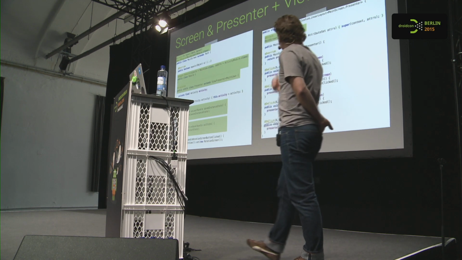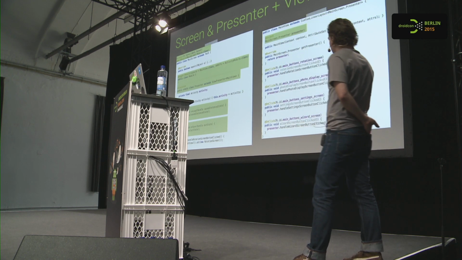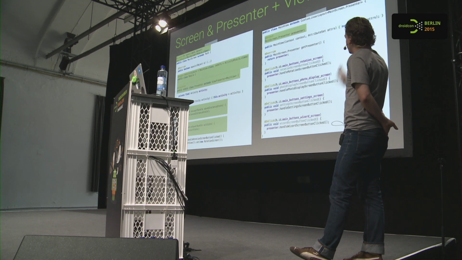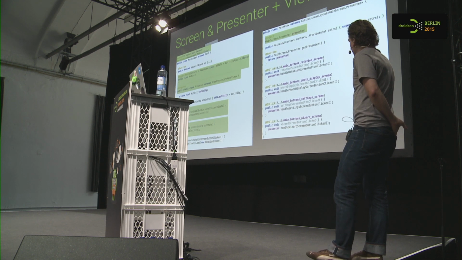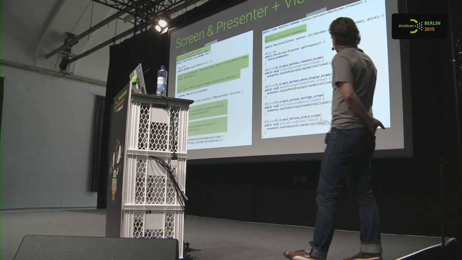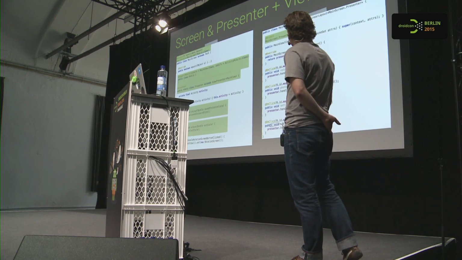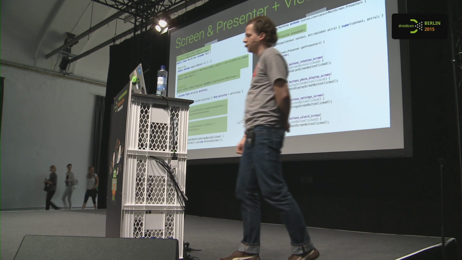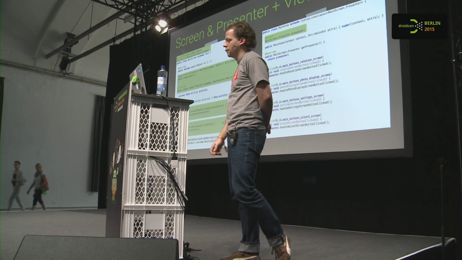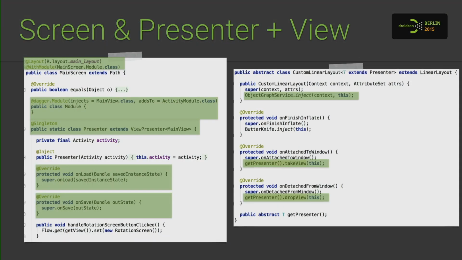On the right-hand side, we have the main view, main screen, main view. This one, nothing much is in there. I abstracted a lot of the logic. On the top, you see a class CustomLinearLayout. And if we look at that, it actually handles first the object graph service. So that's the service that's used with Dagger for dependency injection to inject any dependencies.